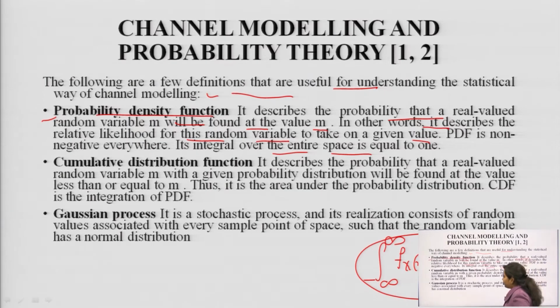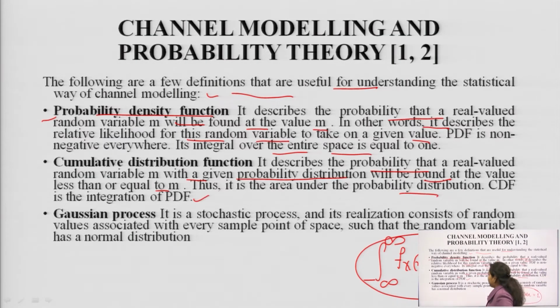Now, there is a relation between PDF and CDF. CDF is the cumulative distribution function. It describes the probability that a real valued random variable m with a given probability distribution will be found at a value less than or equal to m. So, it is the area under the probability distribution.